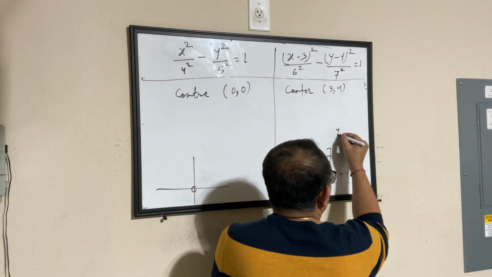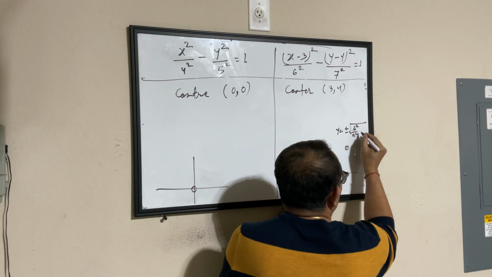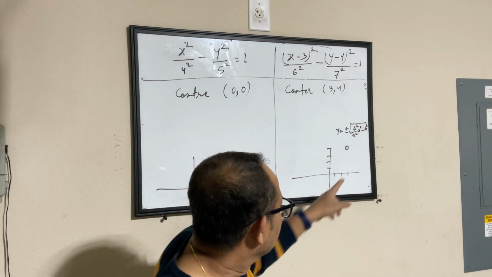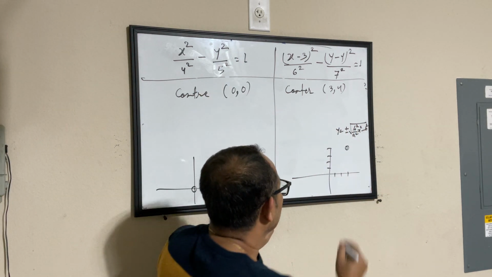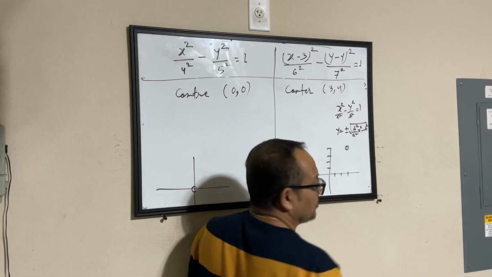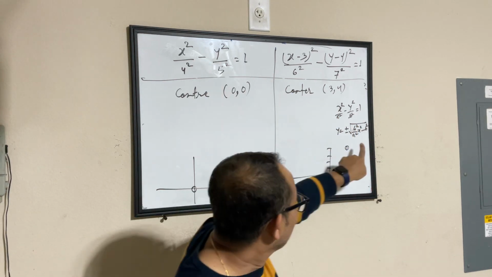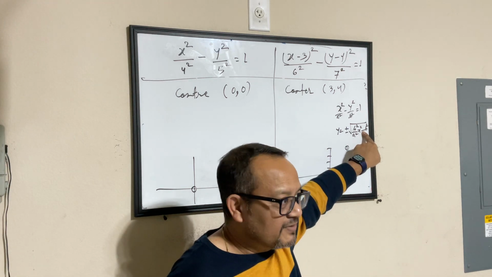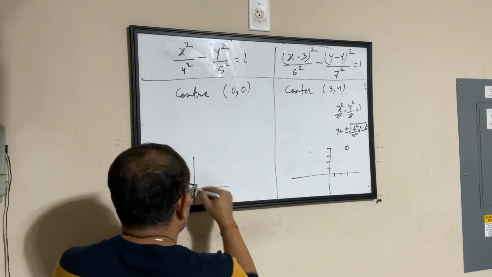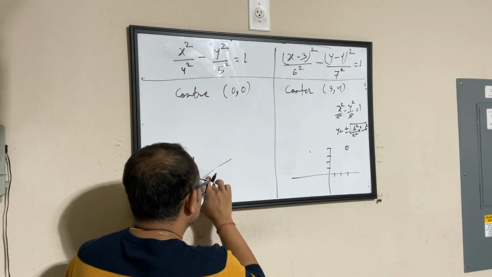But if you ever recall this formula from this equation, you will see that in case of x being positive, I get a minus, and if I get a minus, then this is inside, a little below this asymptote.